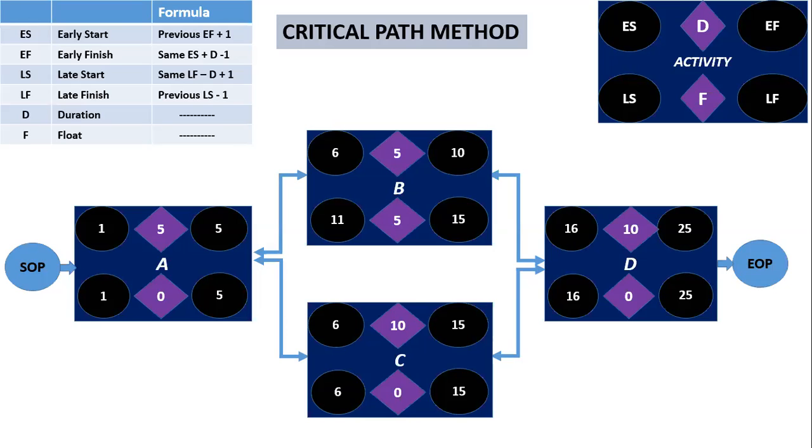We are placing the same 25 in the place of late finish of activity D, and the early start in the same place of late start, that is 16. Got it? Yes, sir. Now see, we need to calculate the late finish of activity B. 16 minus 1, that is 15.